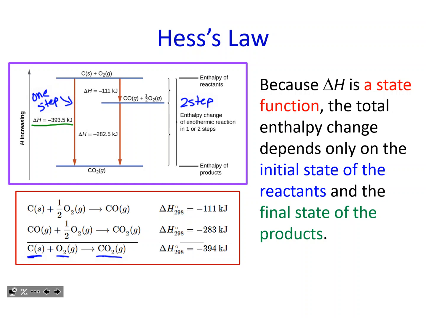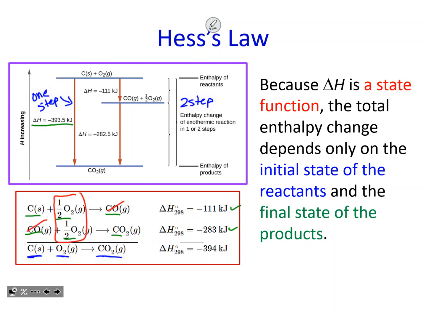Now, we're doing it in two steps. They looked at the tables. They found two reactions in the back there that once you combine them and cancel them down, they end up giving us this overall reaction. So you take the carbon plus the oxygen gives you carbon monoxide. Carbon monoxide with the oxygen gives you carbon dioxide. Each one of them has its own separate delta H. But what you should notice here is because they both have carbon monoxide on either side of the arrow, these would cancel.